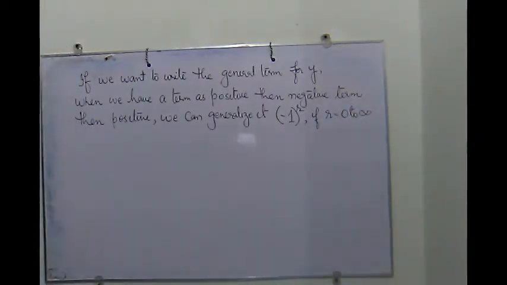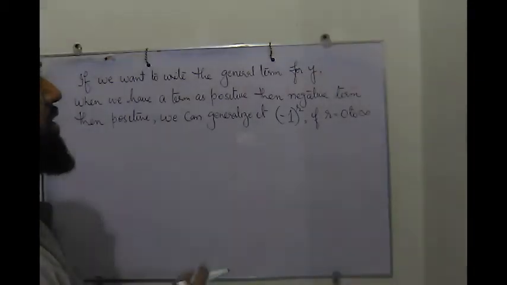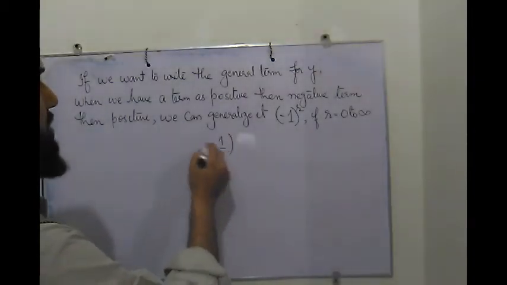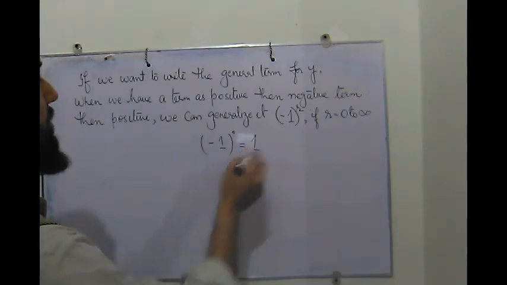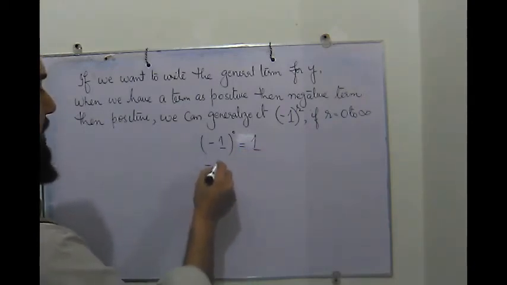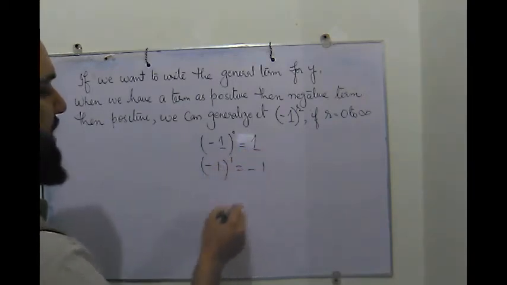So we start to write the general term for y, and first we take care of the sign. So if we have a series in which a term is positive, then a negative term, then a positive, then we can generalize it as minus 1 raised to the power r, where r is equal to 0 to infinity. So minus 1 raised to the power 0 would give 1. Then minus 1 raised to the power 1 will give minus 1.